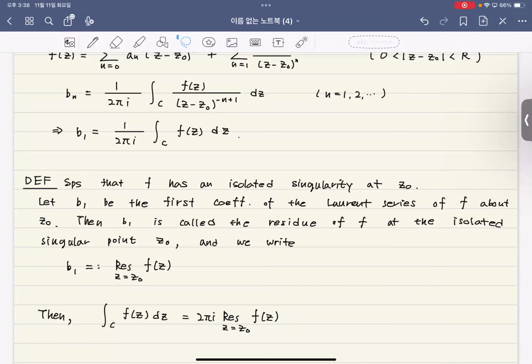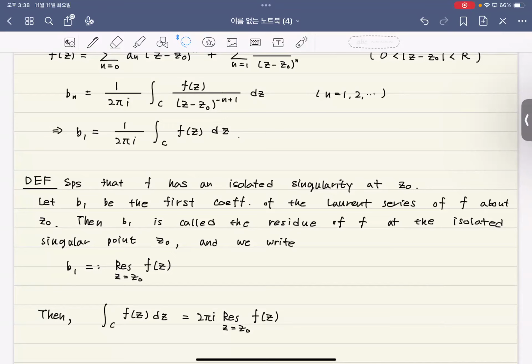So I want to emphasize just two things about the residue. First, the residue only makes sense for the principal part of the Laurent expansion of your function. So what does it mean? What is the principal part?